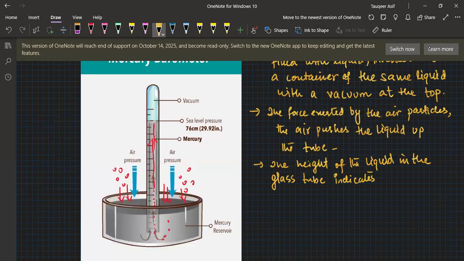So the height of the liquid in the glass tube indicates the atmospheric pressure.